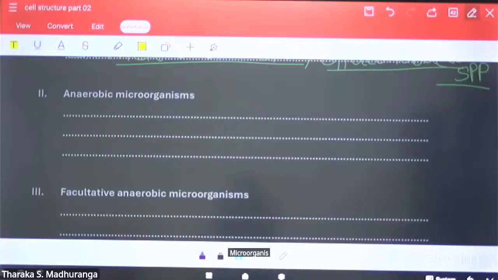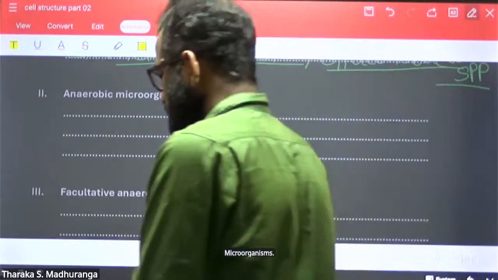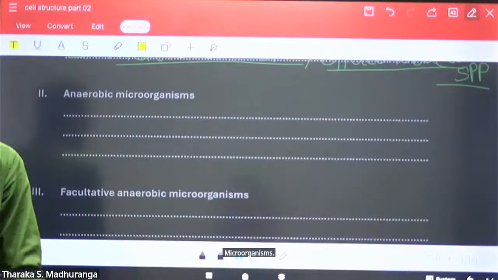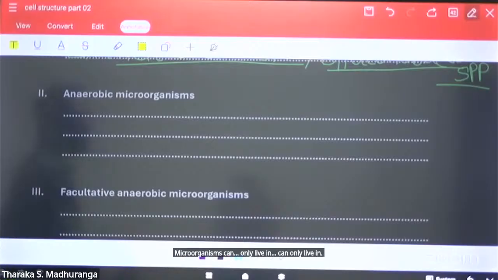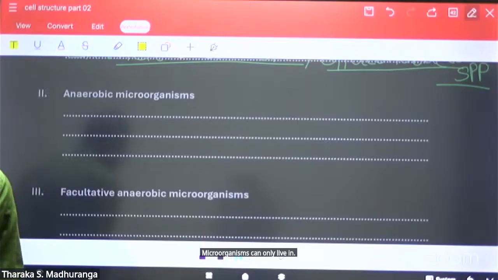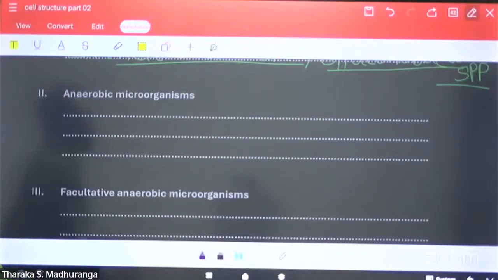Anaerobic microorganism, write down. Anaerobic microorganisms can only live in without oxygen conditions.